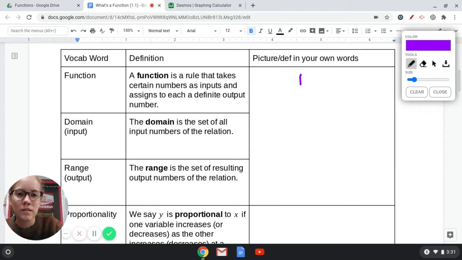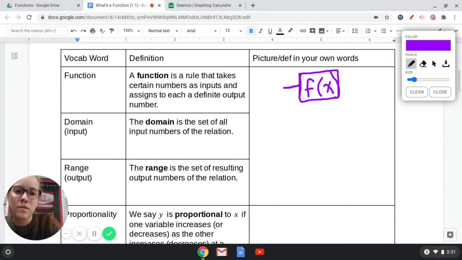Essentially it's just this fake little machine. We're going to call it f of x, which is a symbol for function, f for function, f depending on x. You also may see g of x or h of x.